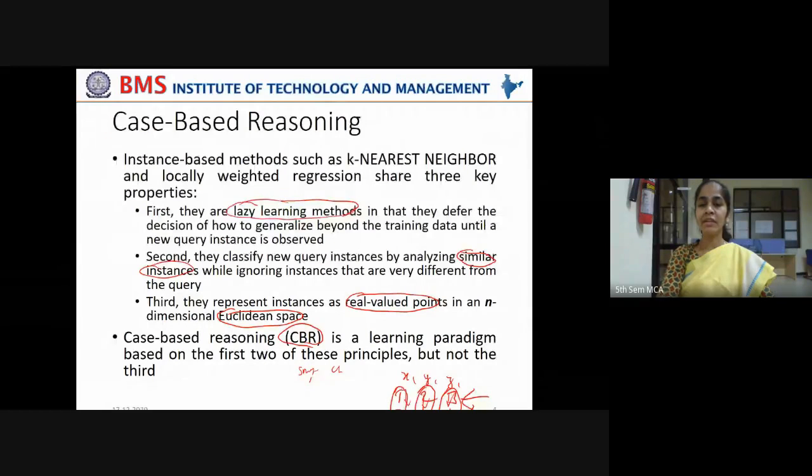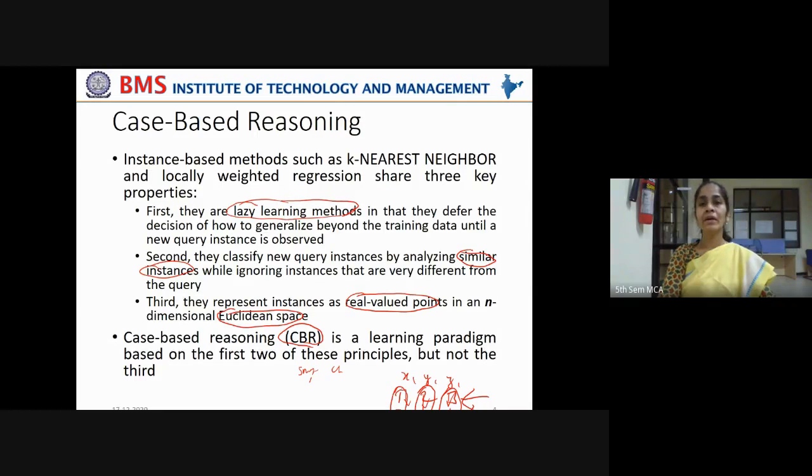Case-based reasoning is a learning paradigm based on the first 2 of these principles but not the third. K nearest neighbor, locally weighted regression, all these algorithms want numerical values under the attributes. But case-based reasoning gives relaxation for that. You can have even words described as labels under the attributes.